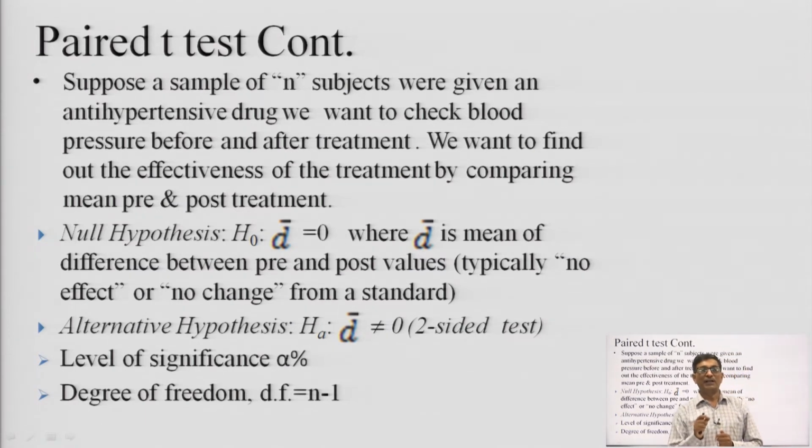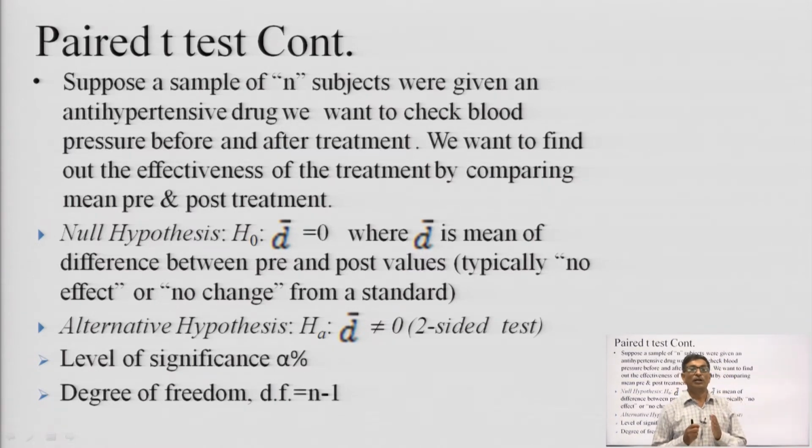Simply you can say the difference between the mean of pre values and the mean of post values is equal to 0. So in the null hypothesis we consider that the mean of the differences of the pre and post values is equal to 0.